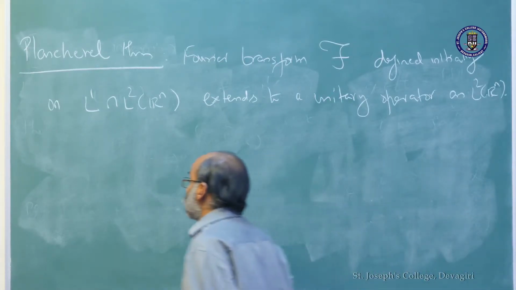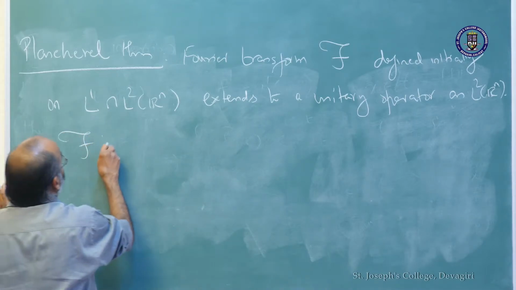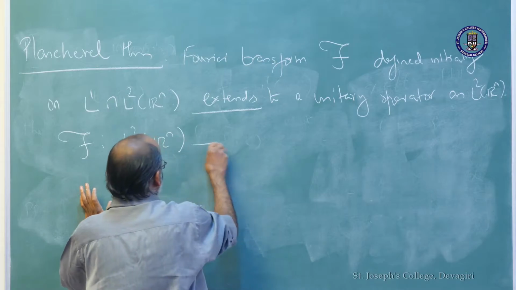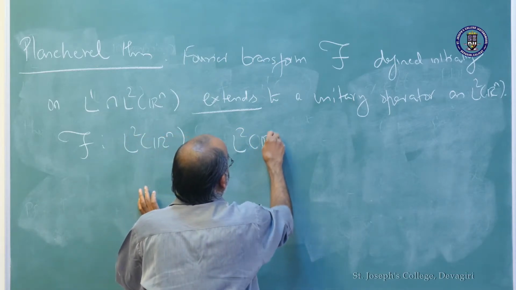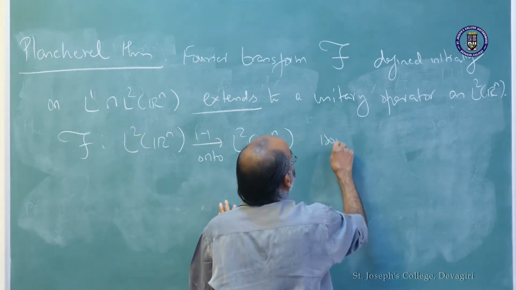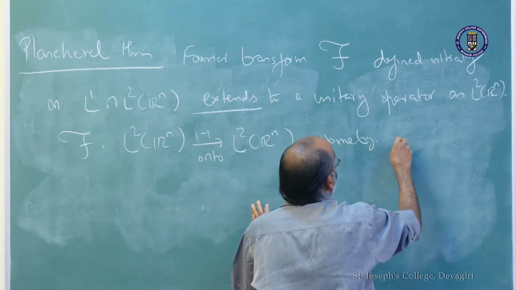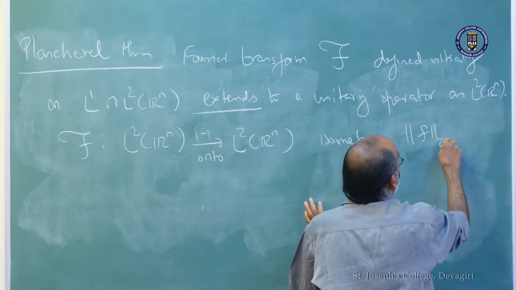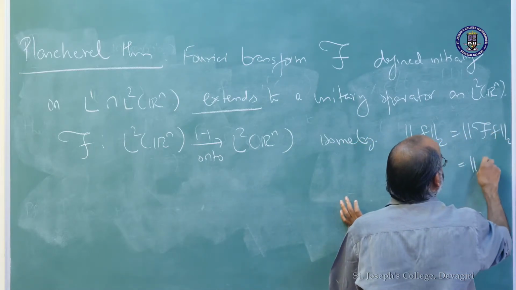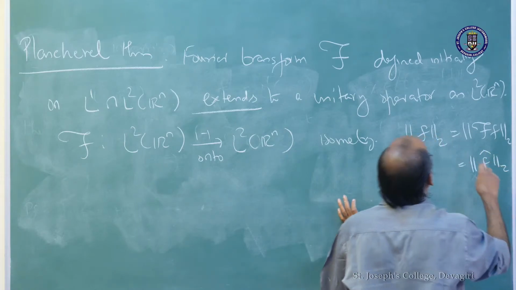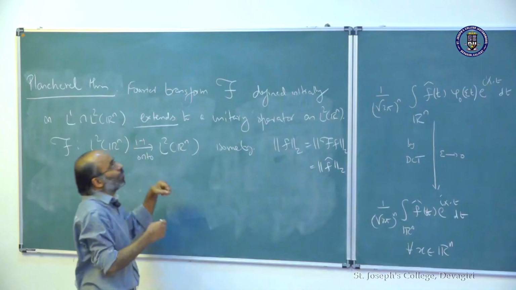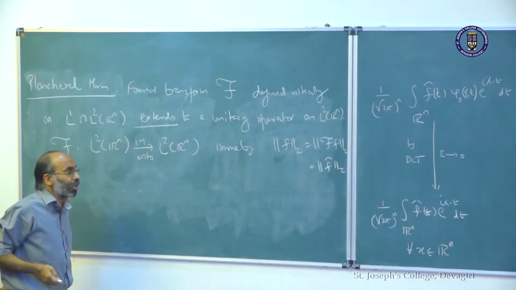Okay. So, in other words, script f extends from L2 of Rn to L2 of Rn. So, this would be a 1-1 onto isometry, right. So, the L2 norm of f is the same as the L2 norm of script f of f, which is what we denote by the Fourier transform. So, script f is simply a name for the Fourier transform, okay. So, we use the script f symbol to denote the Fourier transform, okay.